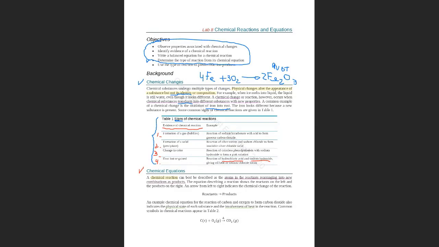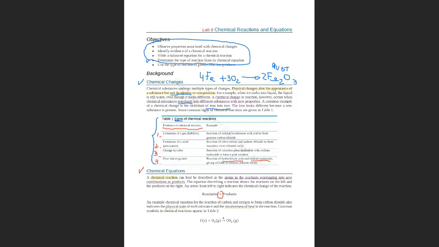We use an arrow, this arrow, to separate the reactants from the products. To the left of the arrow, we always place the reactants. And to the right of the arrow, we always place the products.